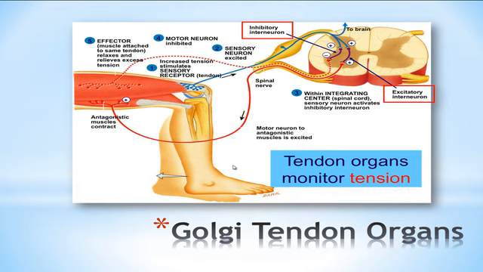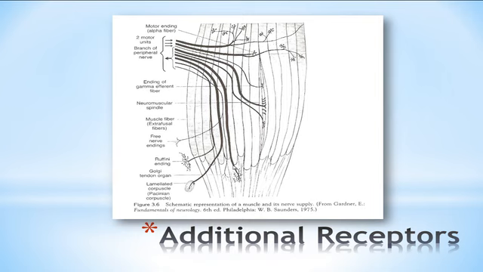Last couple of additional receptors that we need to get an idea about what they do is primarily just two that we want to take a peek at, and they're the Pacinian corpuscles and the Ruffini endings. So let's talk about the Pacinian corpuscles first, and they're found just beneath the skin, and they're concentrated in regions that are around the joint capsules and around the ligaments and around the tendon sheaths.